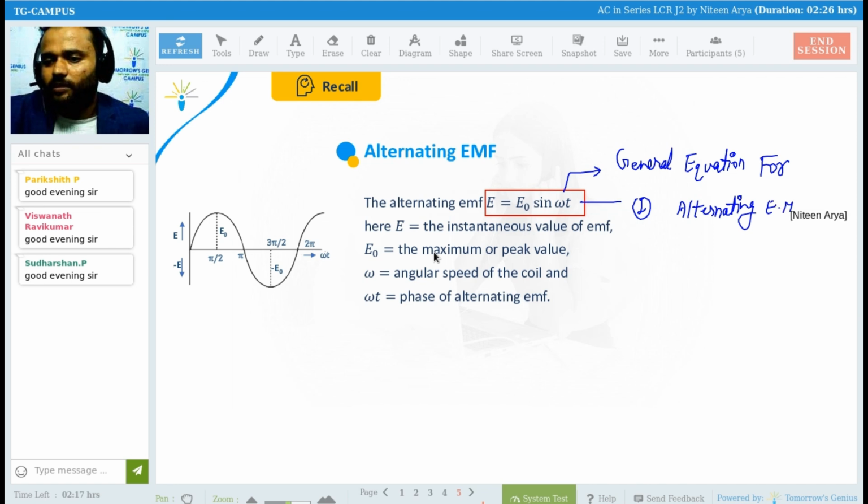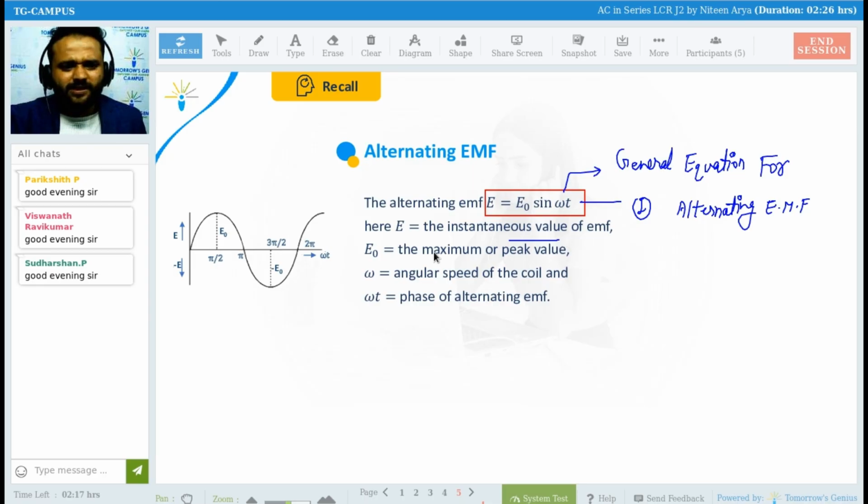The moment we apply this kind of EMF or voltage in any circuit, a current is generated, which depends on omega t and is sinusoidal; that is known as your alternating current. Here E is the instantaneous value of EMF.